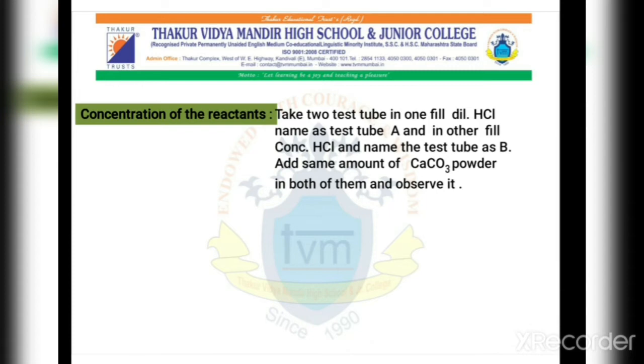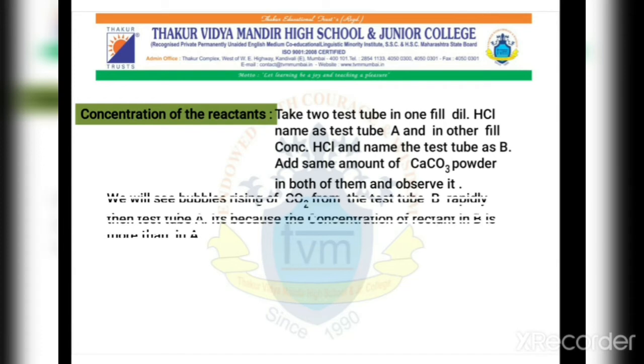One is filled with dilute hydrochloric acid, name it as A. The other is filled with concentrated hydrochloric acid, name it as B. In both the test tubes, add powdered calcium carbonate and observe the reaction. What we will observe is we will see the bubbles of CO2 coming out from test tube B rapidly.